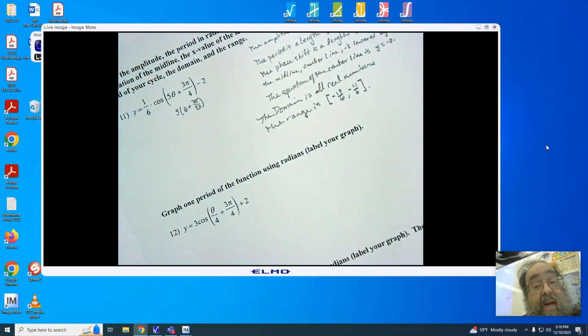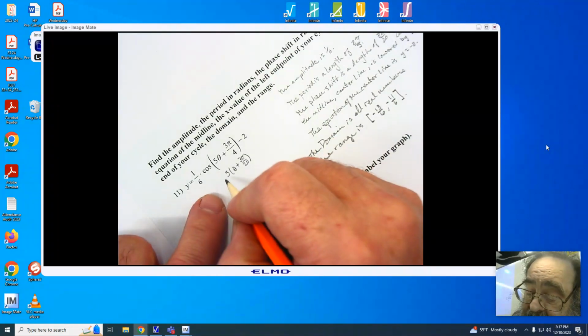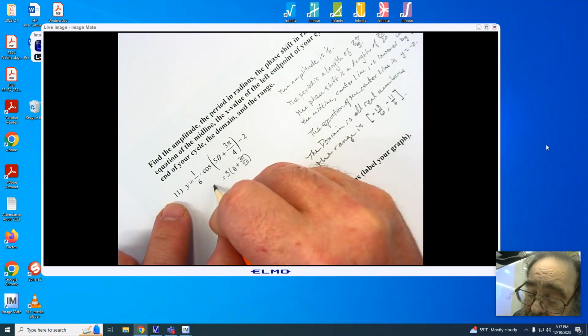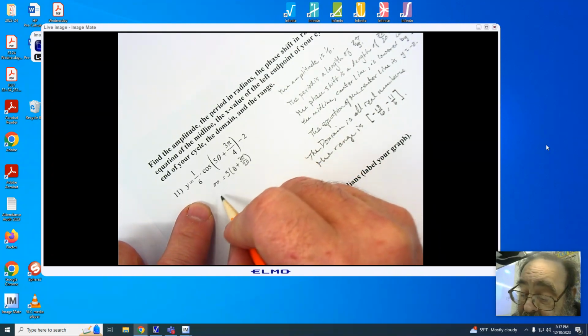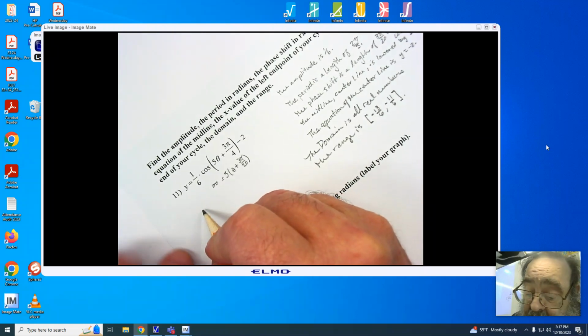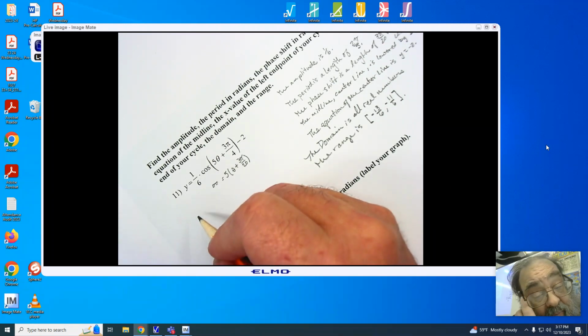Now the last thing I ask is, what is the left endpoint of your cycle? That means I'm equating 0 pi. So I'm going to take a moment and I'm going to set this equal to 0 pi. I'm going to find out what it is. And I find out that the x value of the leftmost endpoint is going to end up being negative 3 pi over 20. This is just for one cycle.